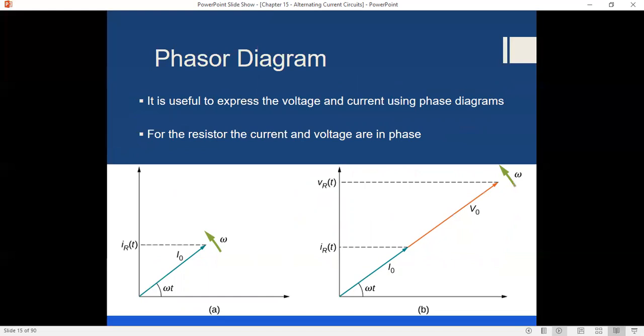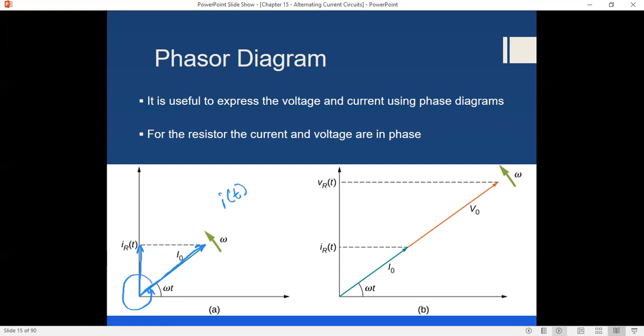Sometimes they'll use a horizontal direction. And we can imagine that I have some vector I0, which is rotating around this axis, and that IR is basically the vertical projection, or the vertical component, of that rotating vector.